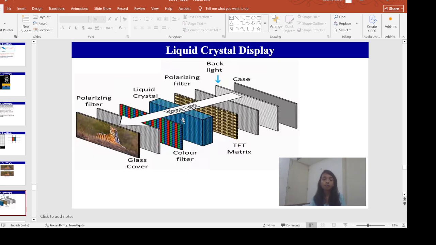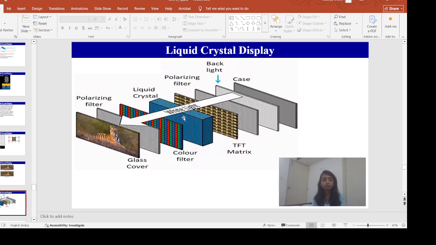It will change those vertical vibrations of the polarized light wave to horizontal vibrations. And I already told how we can control the intensity of the light by controlling the orientation of the liquid crystal molecules. How can we control the orientation of the LCD molecules? By applying the electric field or magnetic field at small regions of this liquid crystal display.